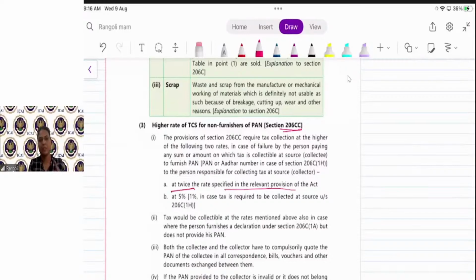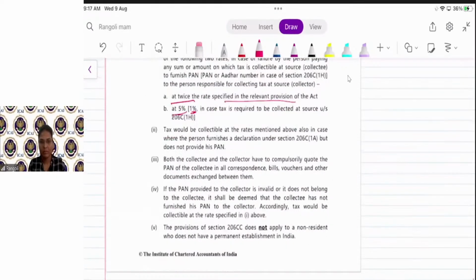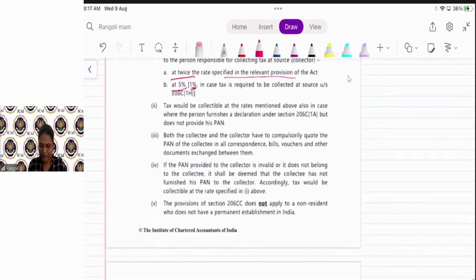So if the rate prescribed is 1%, and the PAN is not provided, then TCS is required to be collected at 2%. If the rate of TCS is 5% and the PAN is not provided, then TCS is collected at the rate of 10%, twice the rate or 5%, whichever is higher. And in case of 206C, instead of 5%, the higher rate is 1%, right? So PAN is compulsory. You need to mention PAN in all the documents.